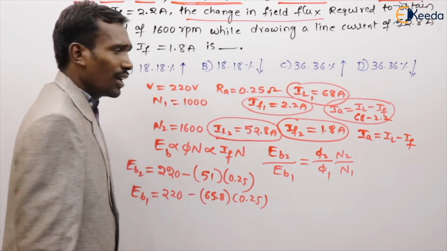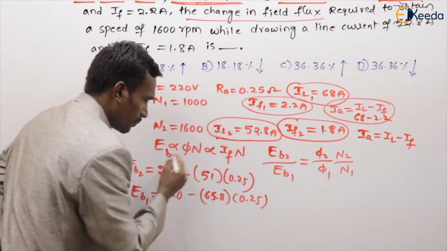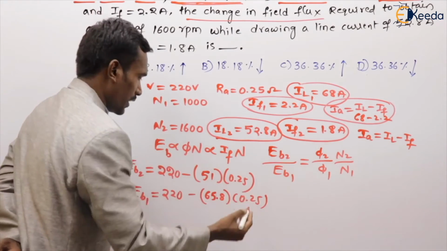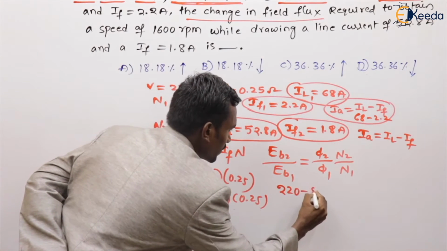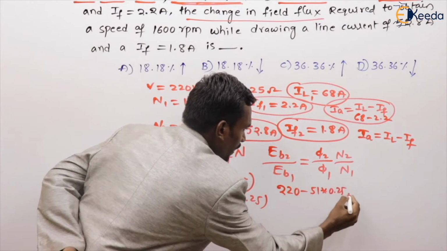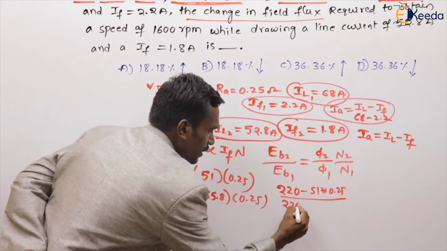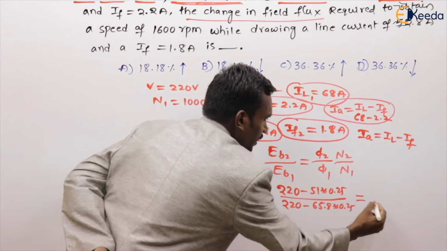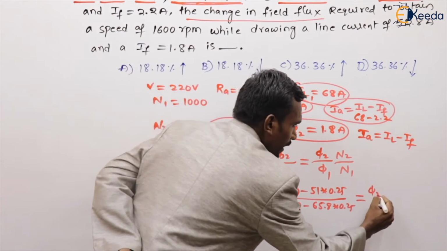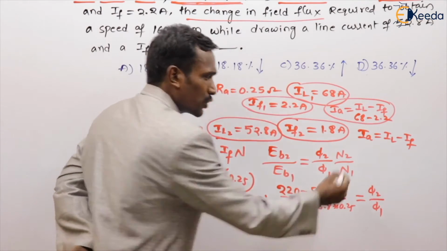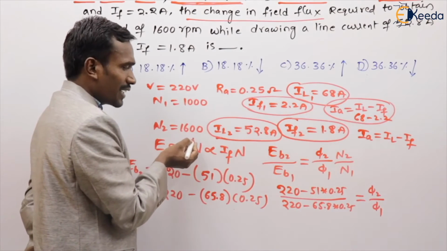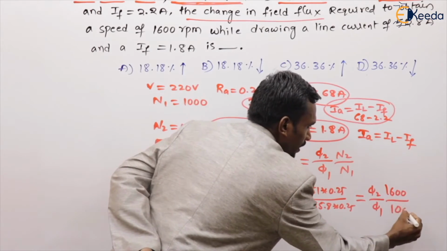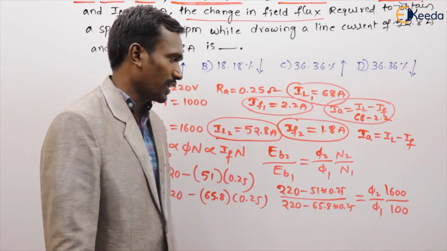EB2 by EB1 is 220 minus 51 into 0.25, divided by 220 minus 65.8 into 0.25, equal to phi 2 by phi 1 into N2 by N1. N2 they gave 1600, N1 they gave 1000, so 1600 by 1000.